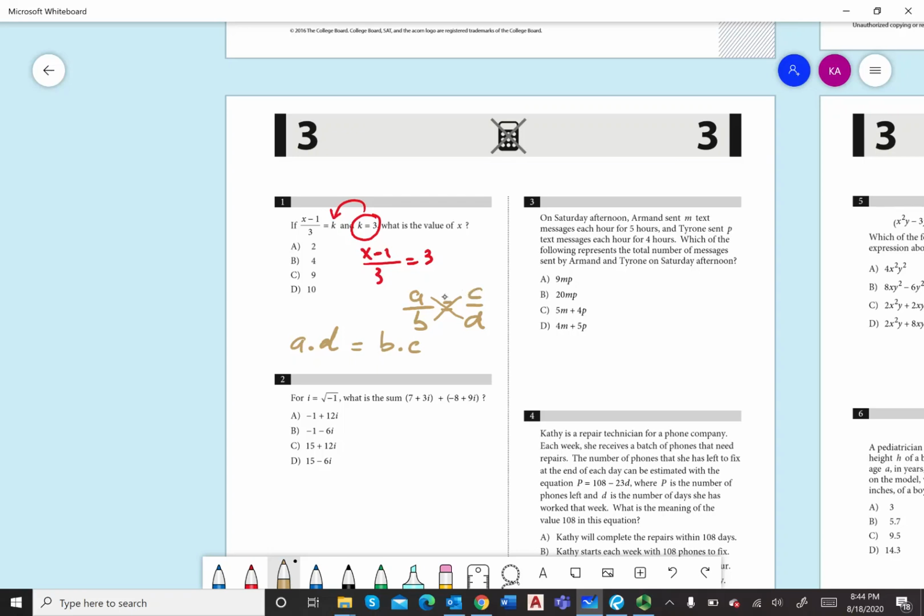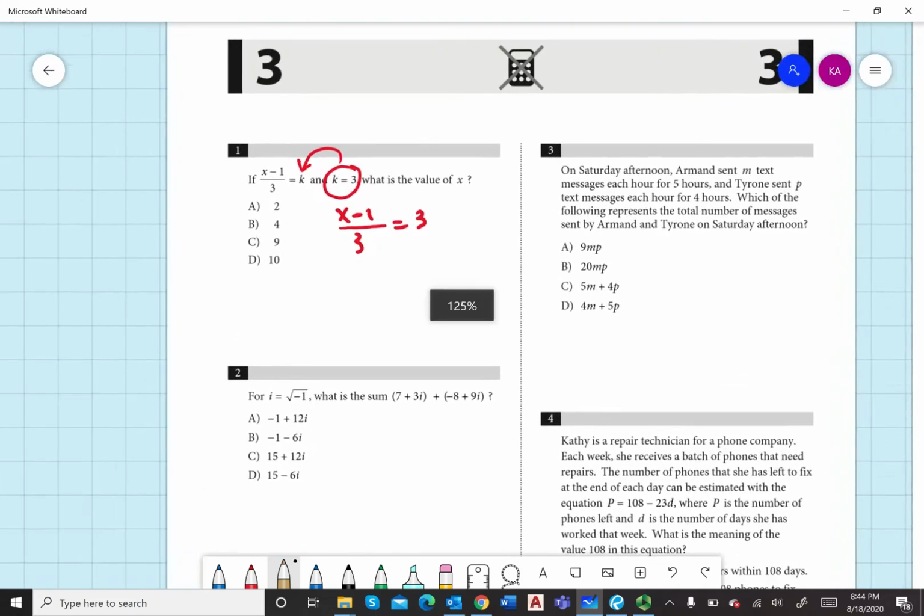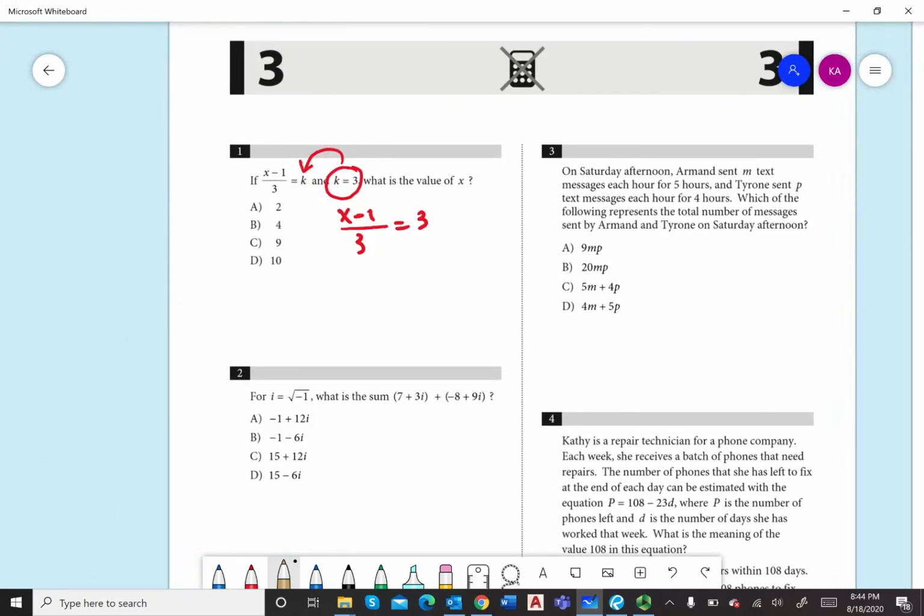So what happens when you don't have fractions on both sides of the equation? Well, what you should also know is that any number can be written in the form of a fraction. So 5 can always be written as 5 over 1. So we can write 3 as 3 over 1.